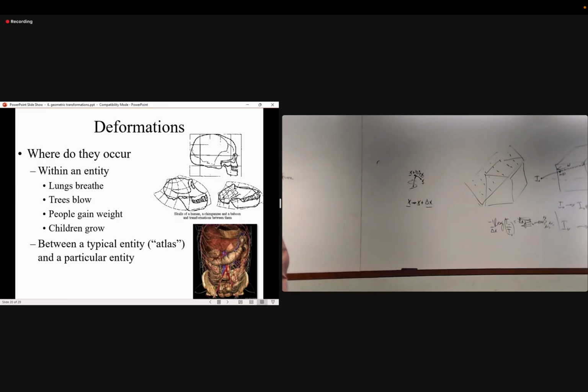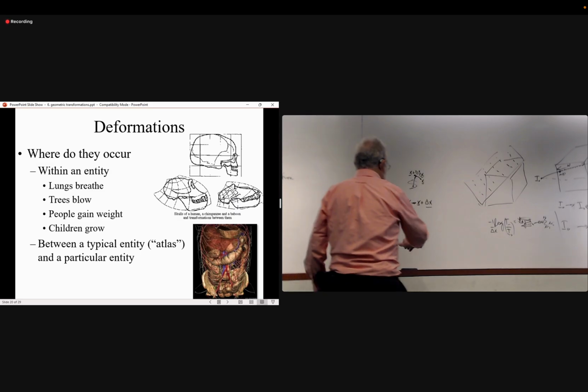As long as this is 1-to-1, then you have an invertible transformation, and that is what we mean by a deformation. An invertible transformation, so that at every x we know where it goes to, or from every place y we know where it came from.